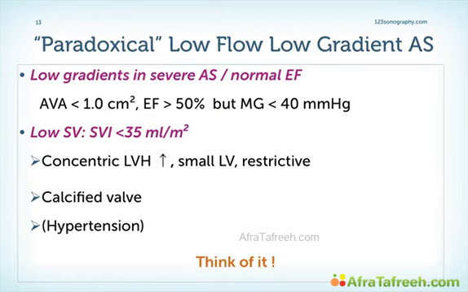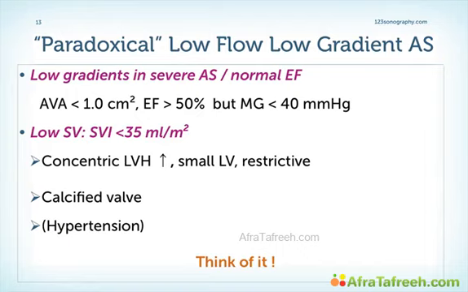So very frequently in these patients you find a high-grade concentric left ventricular hypertrophy with a very small left ventricle, and usually these patients will have a restrictive or severe diastolic filling pattern.